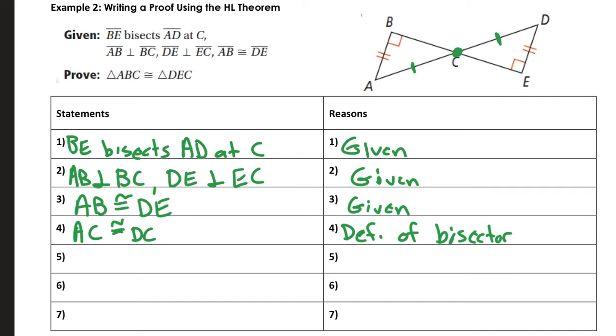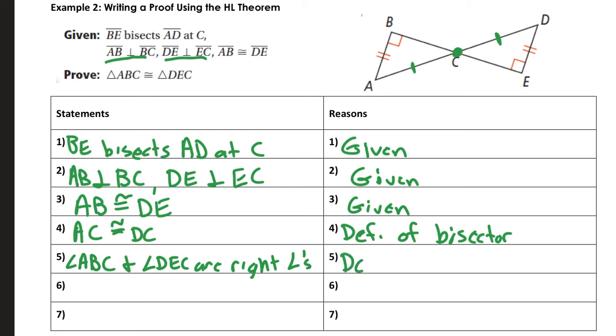Next, I have to go about proving the two triangles are right triangles, because that's part of the criteria for HL. So the first thing I would have to say is that the two angles are right angles before the triangles are right triangles. So I would say that angle ABC and angle DEC are right angles, and that's because of these perpendicular symbols.